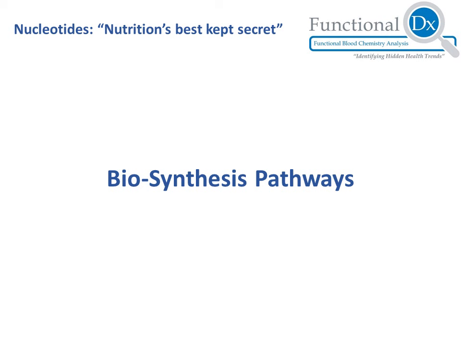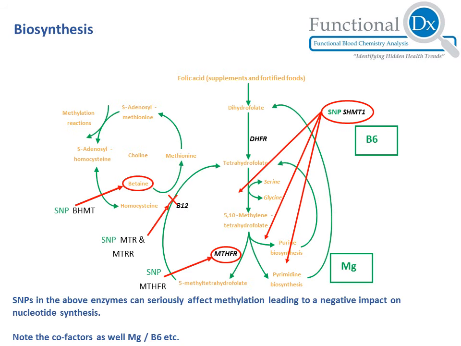When we look at the biosynthesis pathways, which I spent a minute or two going over, if we now enter into the world of genetic mutations, single nucleotide polymorphisms: in order to make purines and pyrimidines, we need a folate pathway which is operating appropriately.